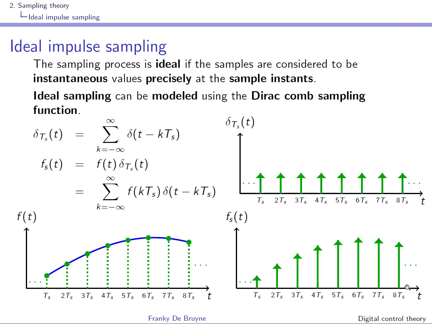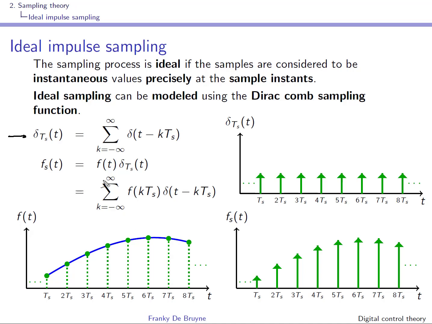You remember that sampling, or at least ideal sampling, can be modeled using Dirac-Comb sampling. So what you need is the Dirac-Comb, which is really a train of Dirac impulses that are spaced by Ts.